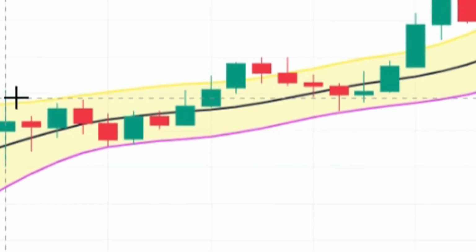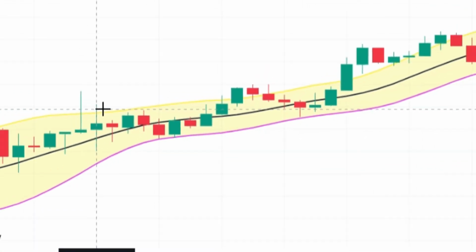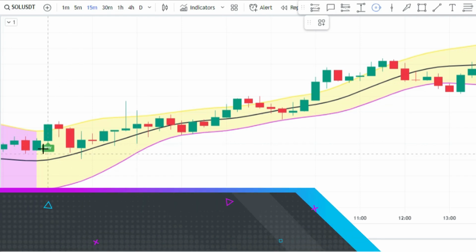Now that you have optimized the indicator settings, you should be getting more accurate buy and sell signals.